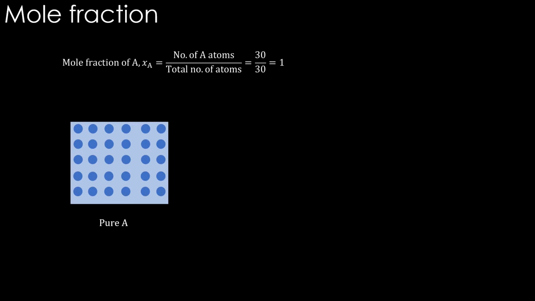Since this is a single component system, both values are the same and the mole fraction is 1. This is actually a probability, isn't it? So whenever we come across mole fraction, this is what you should think about. It is the probability of finding an A atom at a particular atomic site.